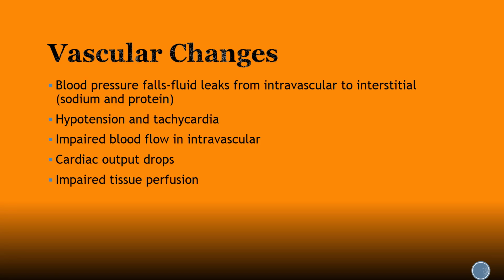The hyperkalemia or elevated potassium is due to cell destruction. So the potassium that was in the cells is released from the cells, leading to potassium in the bloodstream. And the hyponatremia is, again, the fluid shifts and the fluid loss, and that leads to a loss of sodium.